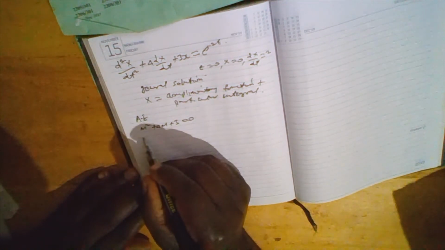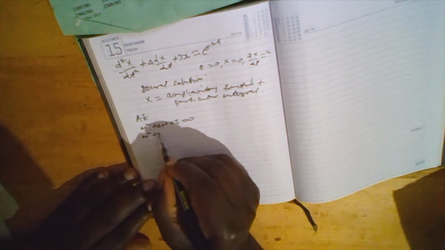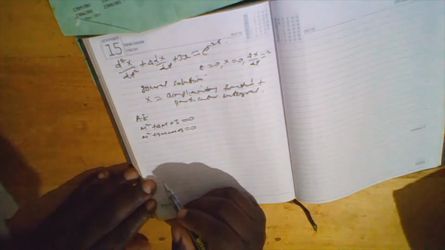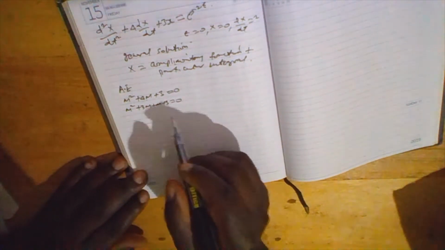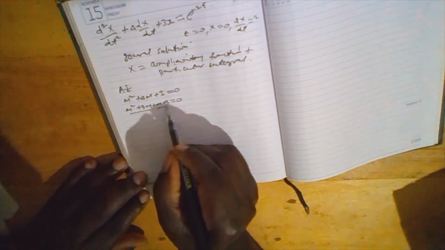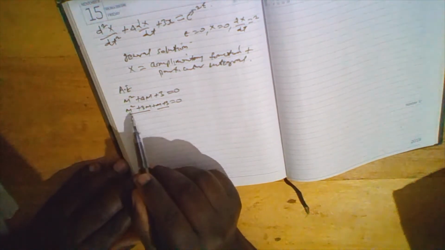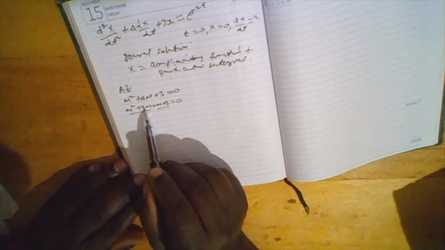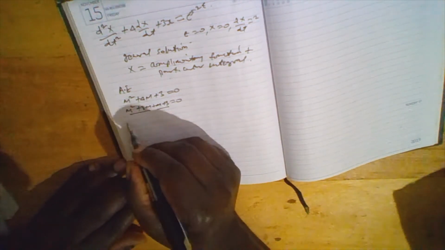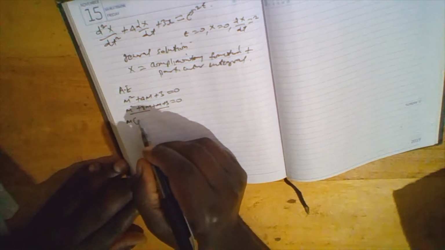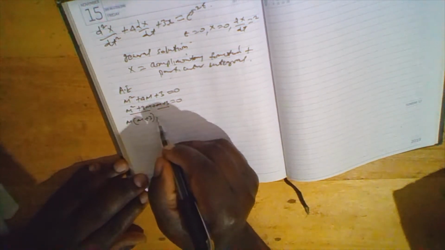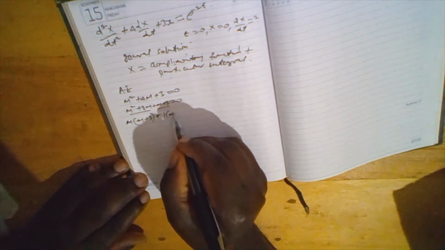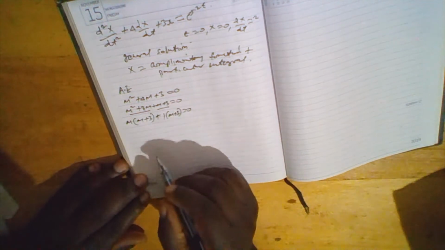So this becomes m² + 3m + m + 3 = 0. We group them into two and factorize. The common factor between m² and 3m is m, so we take it out and remain with m + 3, plus the common factor between m and 3 which is 1, so 1 into (m + 3) = 0.